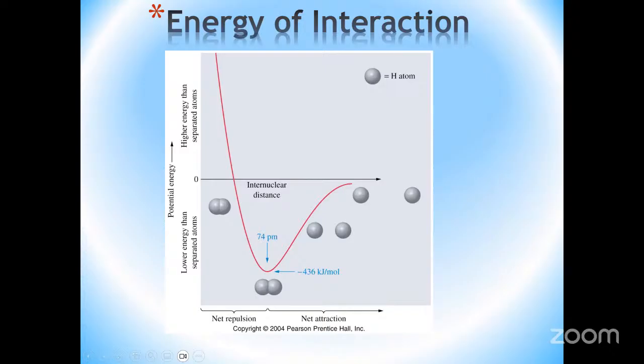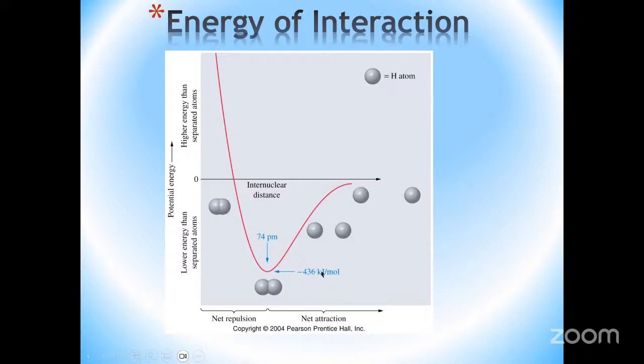And therefore, the energy of the molecule will be effectively zero, in reference to the axis that is shown here, all right? So there is a minimum point, energy-wise, represented right here, which is minus 436 kilojoules per mole.